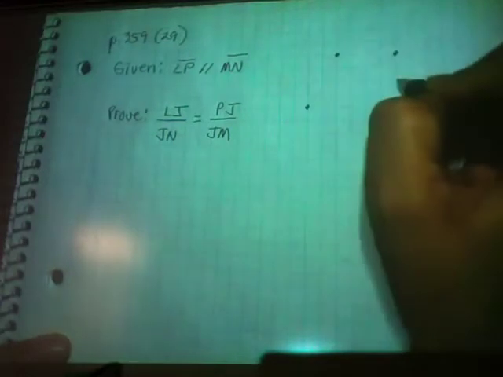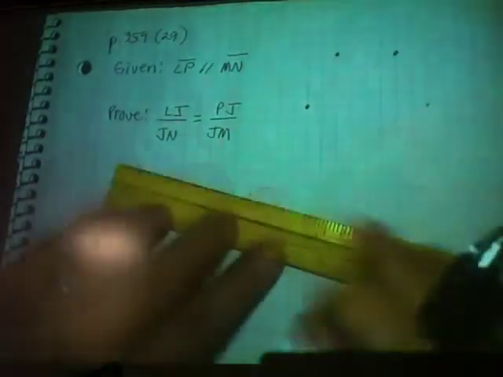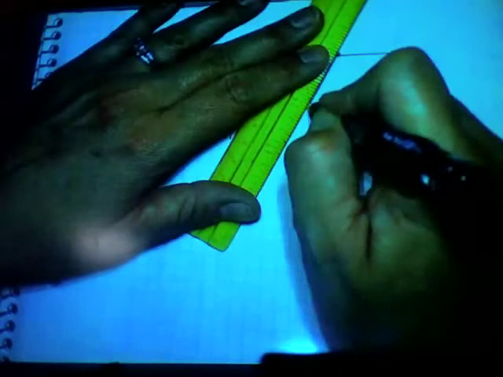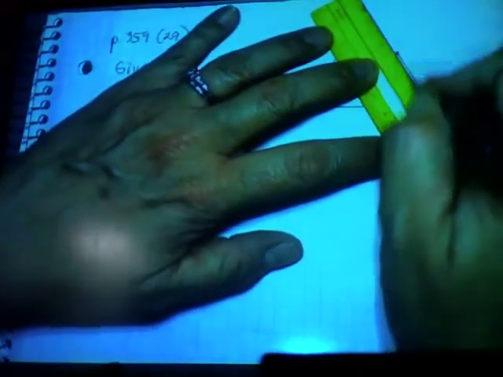So this is a proportion, and then here's your picture. I have a trapezoid with diagonals.